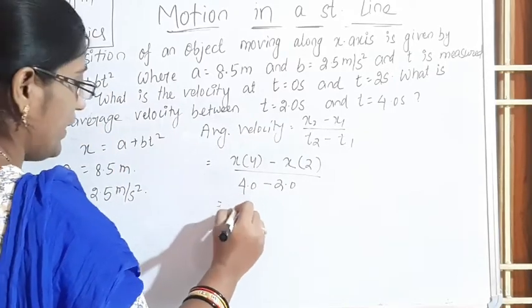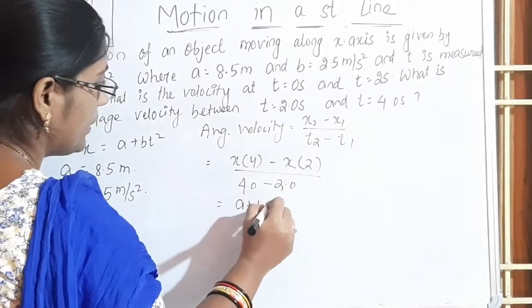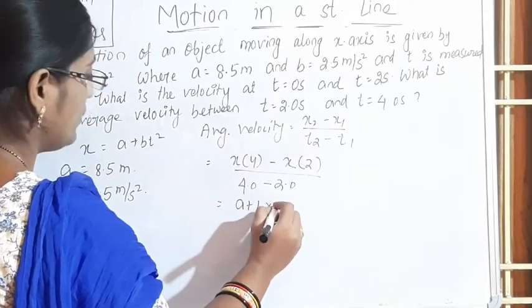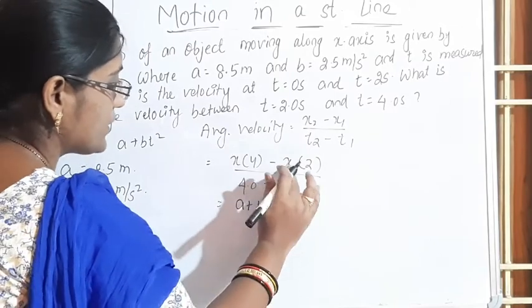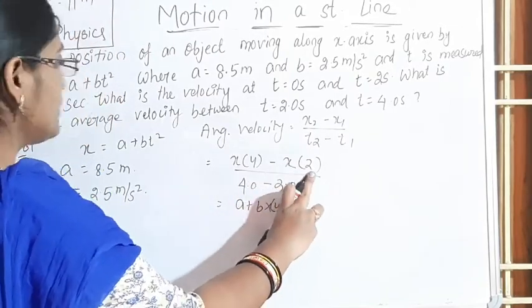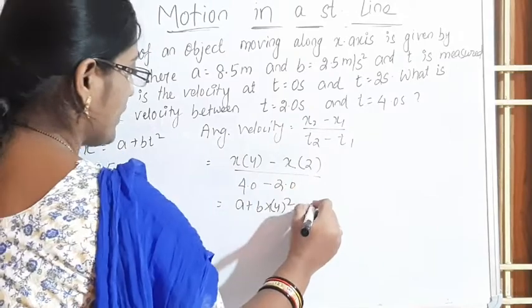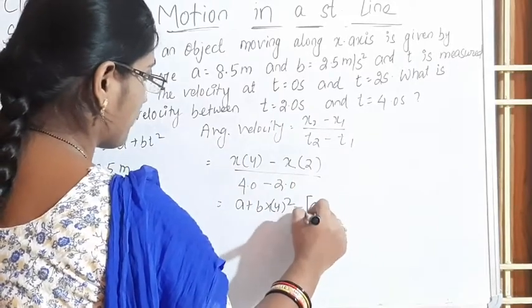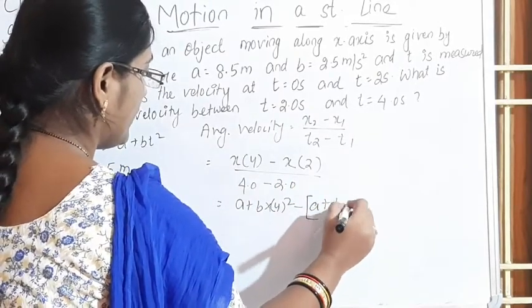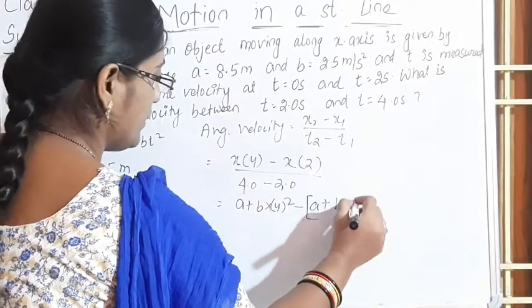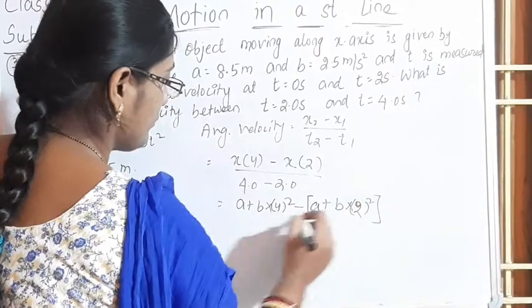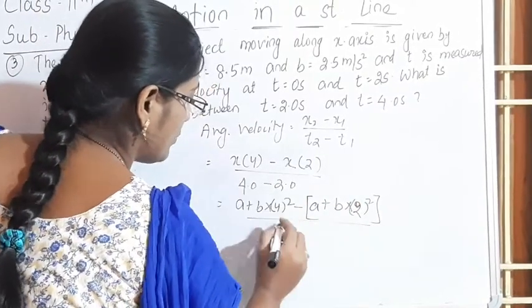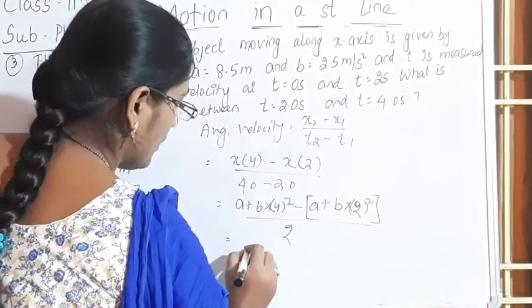So a plus b into t square, minus, putting t equal to 2 seconds in this expression, a plus b into t square, that is 2 to the power 2, by 4 minus 2, that is 2.